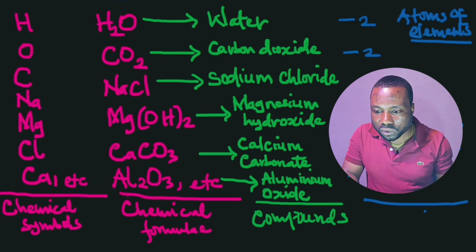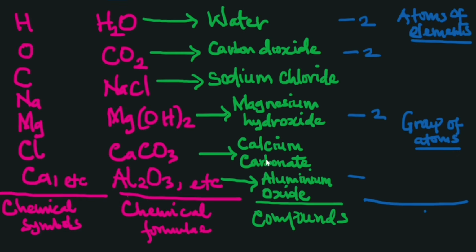In the fourth case, we have also used 2. Fifth case, we have used 3. And in the last case, we have used 2 and 3. So how then do we call these numbers? We call them valencies.